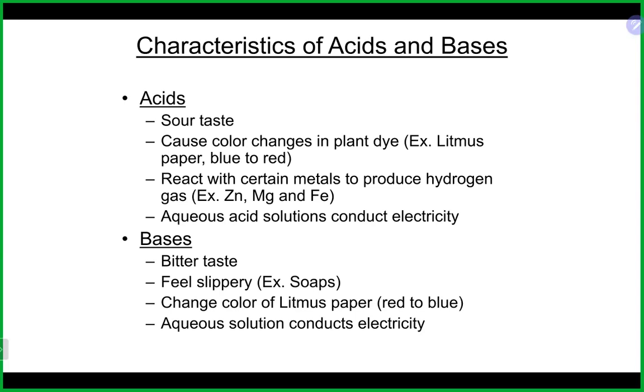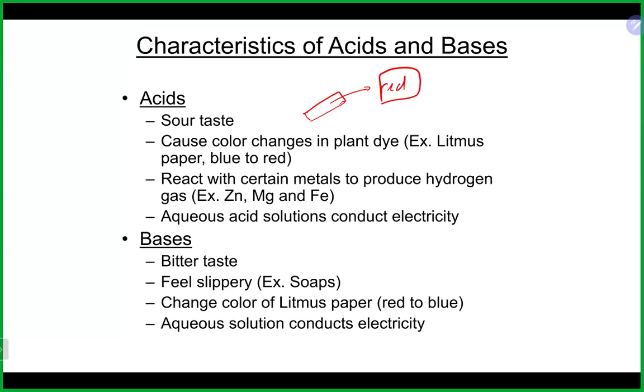Litmus paper is pieces of paper. A lot of times it comes in blue or red, and sometimes comes a neutral color as well, more of a purple. But typically, if you touch a solution to litmus paper and it turns red or stays red, it means that solution is acidic.